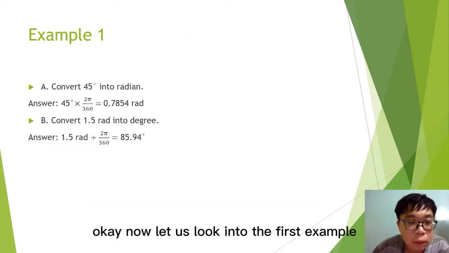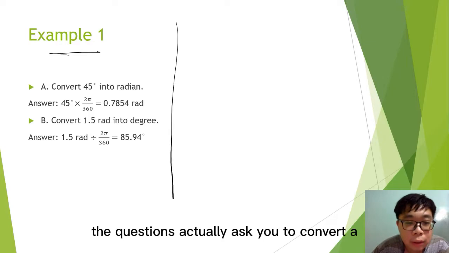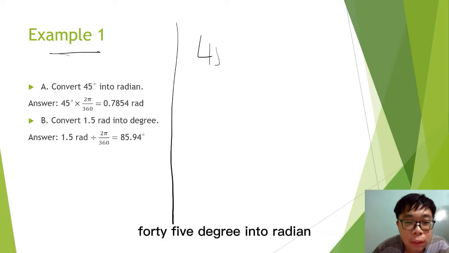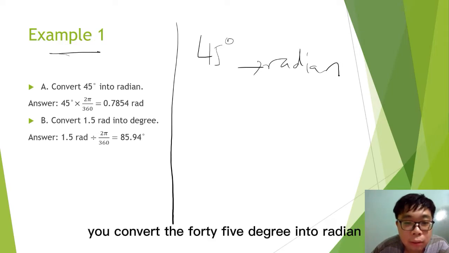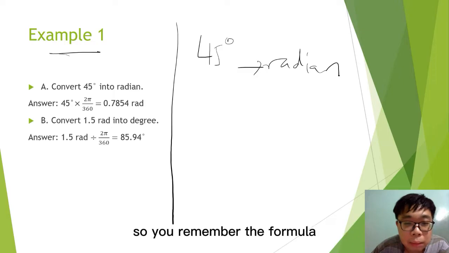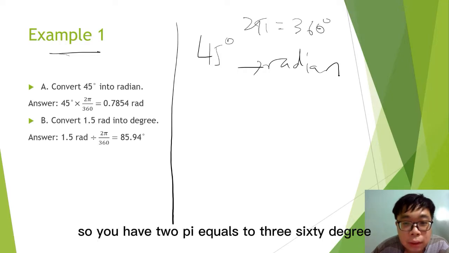Okay, now let us look at the first example. The question asks you to convert 45 degree into radian. You remember the formula 2 pi equal to 360. So 2 pi equals 360 degree.